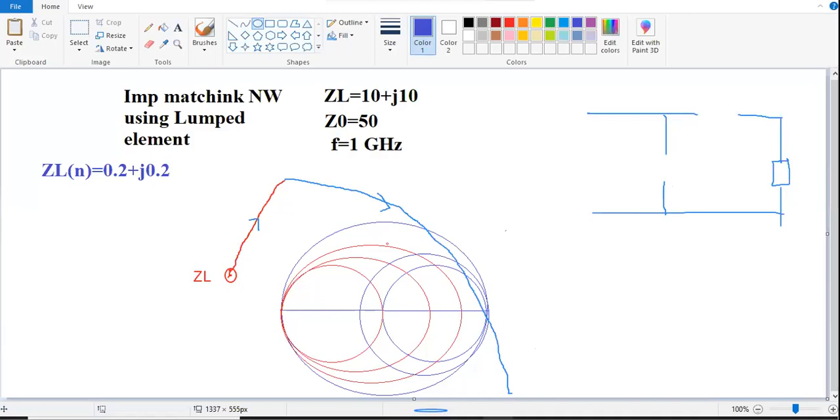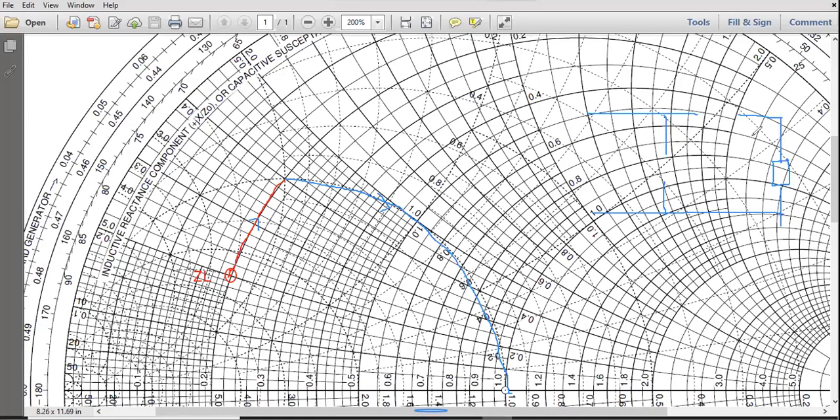Now we have to find out which will be the first element. Here also the circuit is visible. First is the series element. Now, for the series element, is it going clockwise or anti-clockwise? In Z, clockwise. So the element will be an inductor. I will draw the inductor here.